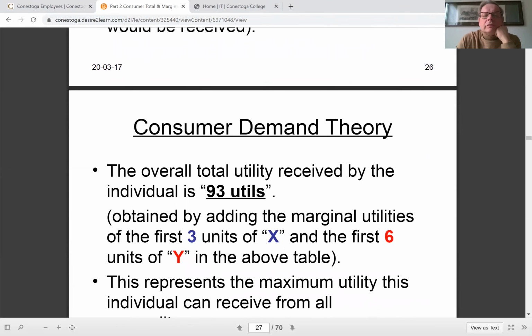So the overall total utility received is 93. This 93 agrees with our table that we just constructed. We got 93 utils by consuming the first 3 X's and the first 6 Y's, and we spent our $12.